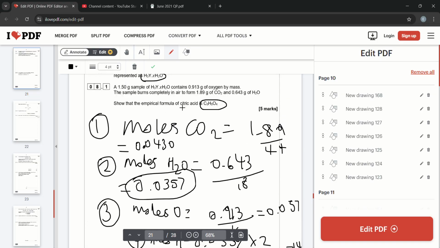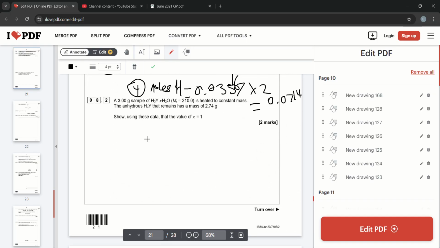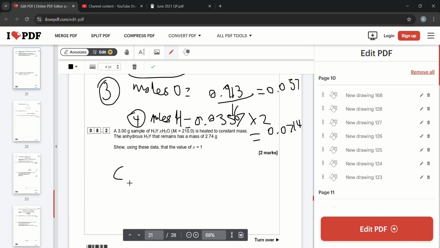So now we can quite easily show that the empirical formula is C3H5O4. So carbon to hydrogen to oxygen, we got 0.0430, 0.0714, and 0.057, divided by the smallest, in this case 0.0430. 0.0430 divided by itself is obviously going to be 1.